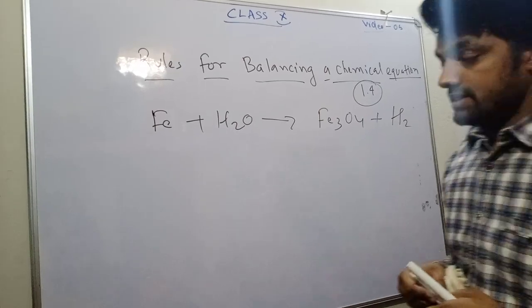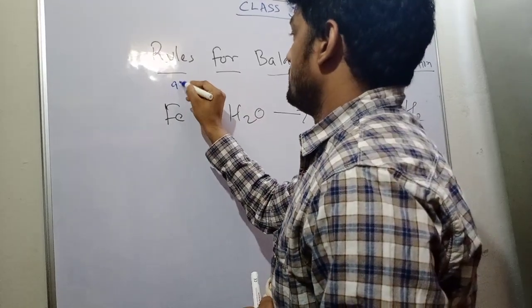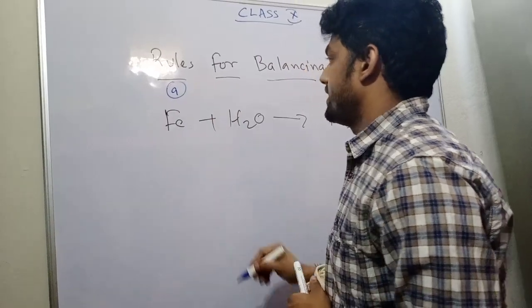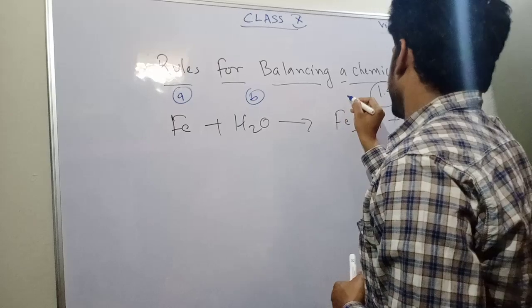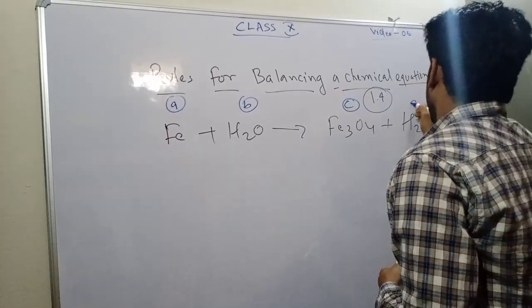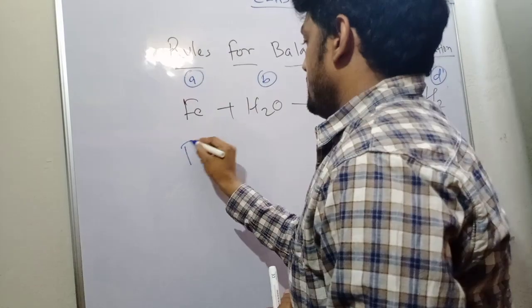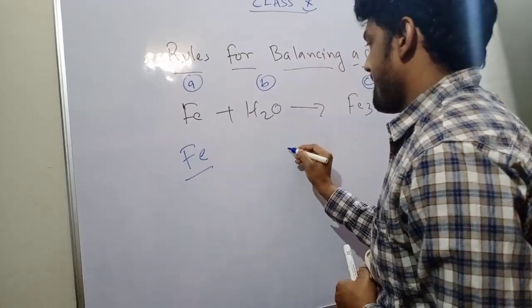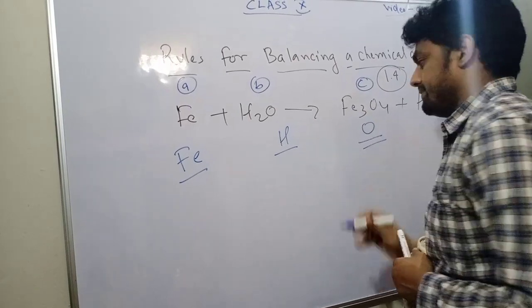We will give them titles A, B, C and D. Fe, H and oxygen, 3 elements are there.